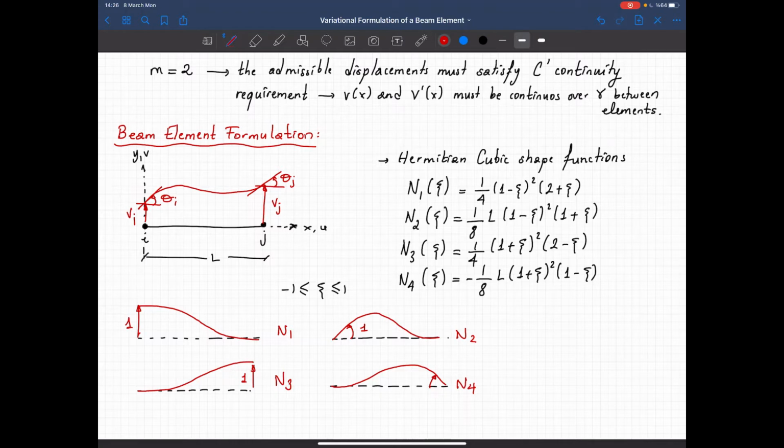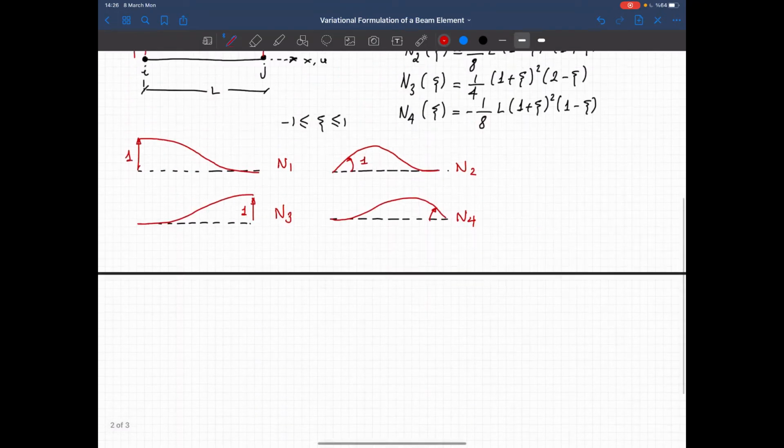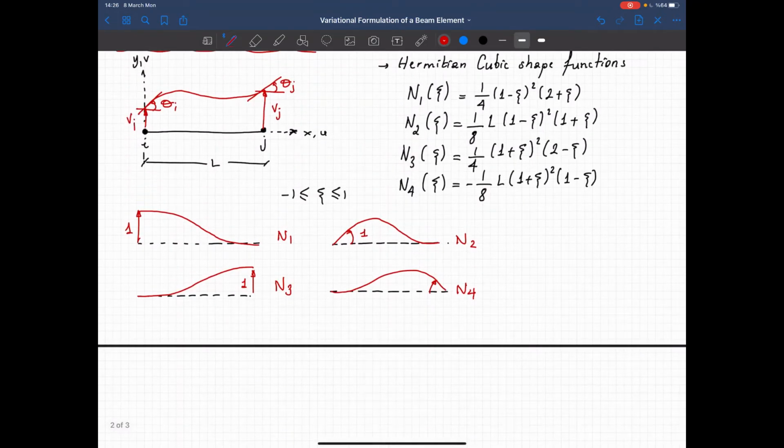And when you think about it, these are the deformed shapes that we use to derive the element stiffness matrix of a beam element. So I'm just using them as an interpolation function and plugging it into the finite element formulation. Now I can define my displacement field. The V element is my displacement field, and it should satisfy the essential boundary conditions.